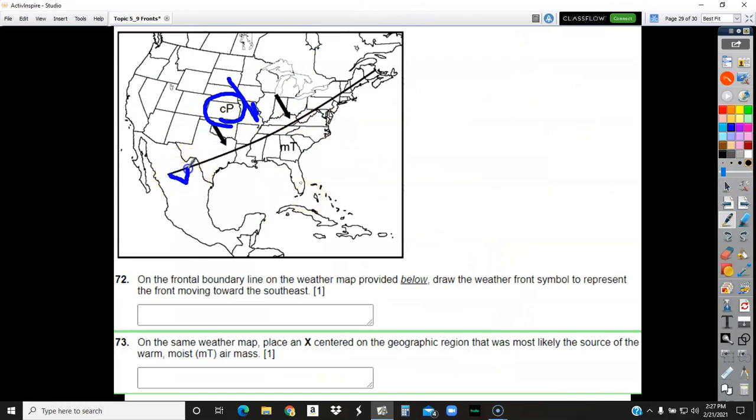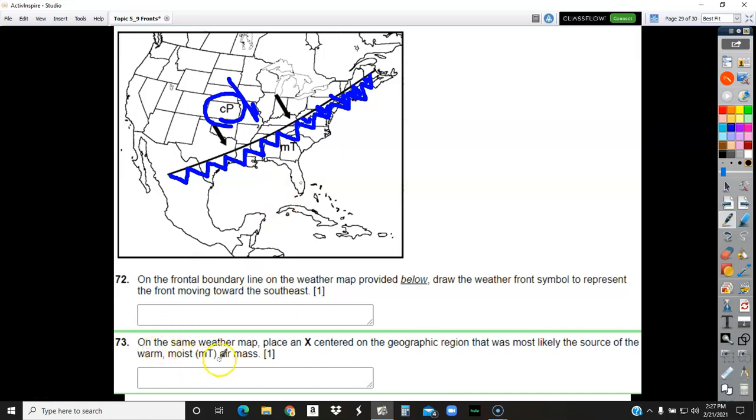The students just had to use a pencil and draw a bunch of triangles pointing toward Florida, like that. I don't think they took off if you didn't shade them in. It's nice to shade them in so the kids use their pencil. You wouldn't have a colored pencil on a Regents, but you would use your regular pencil and just shade them in. If the student didn't shade them in and just did the triangles, that's okay too.